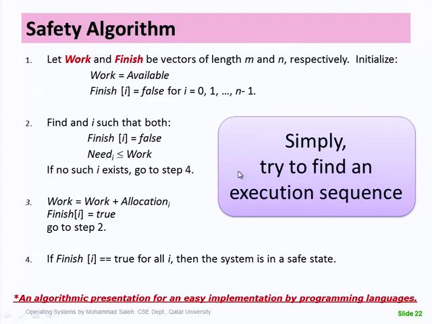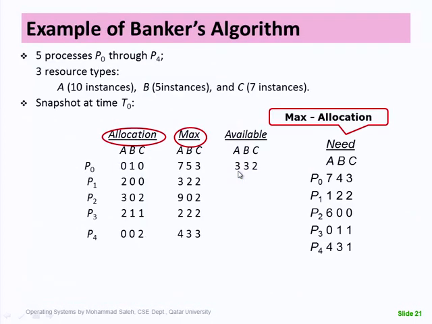For example, P0: can I give it what it needs to finish? It needs 7 of A, 4 of B, 3 of C, and I don't have it. So I cannot finish P0, okay?